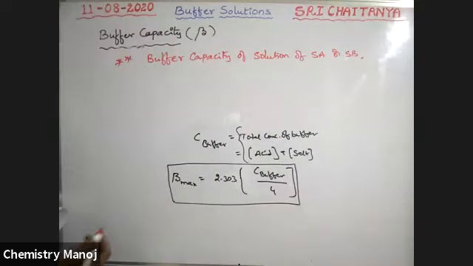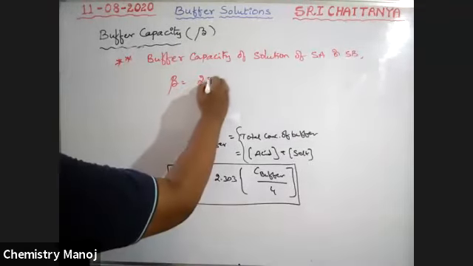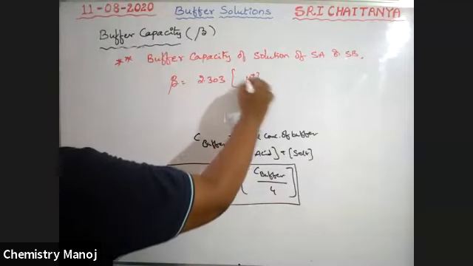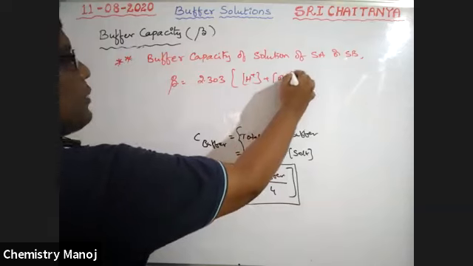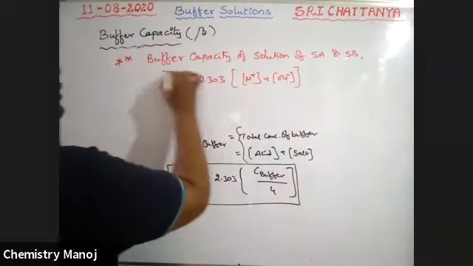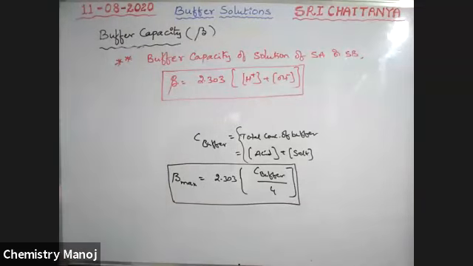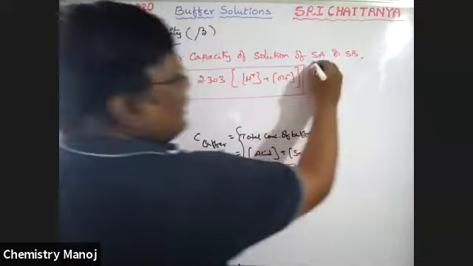Either strong acid or strong base, that is beta is equal to 2.303 into H plus concentration plus OH minus concentration of the solution. It is very, very important, my dear boys. H plus concentration plus OH minus concentration of the solution. So it is in case of strong acid or strong base.